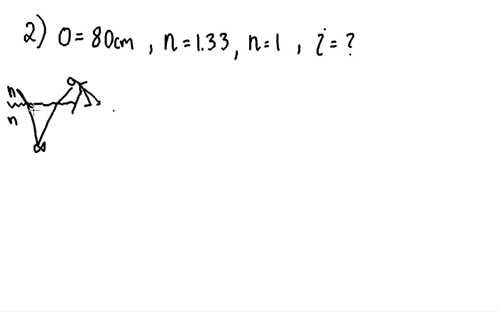So it's going to appear as if the fish is at a position that's actually higher up because of the way that these light rays are bent. When light rays get bent, our brain still thinks that they're moving straight. So it appears to us like this fish is somewhere that it is not.